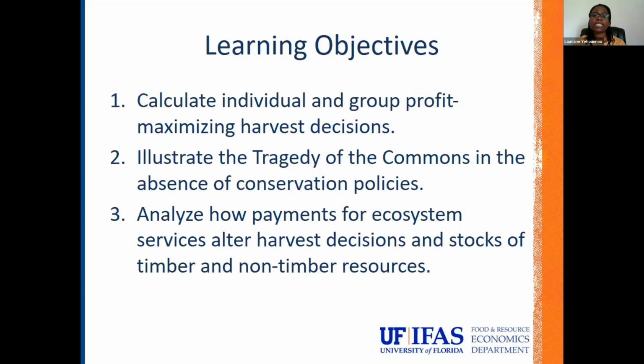The learning objectives for this game are mainly to calculate individual and group profit, maximize harvest decisions, illustrate the tragedy of the commons in the absence of conservation policies, and analyze how payment for ecosystem services alters harvest decisions and stock for timber and non-timber forest products.